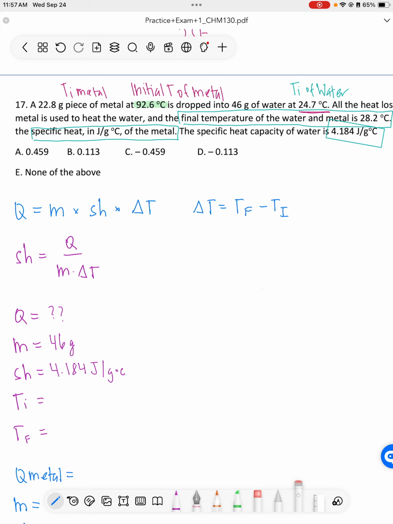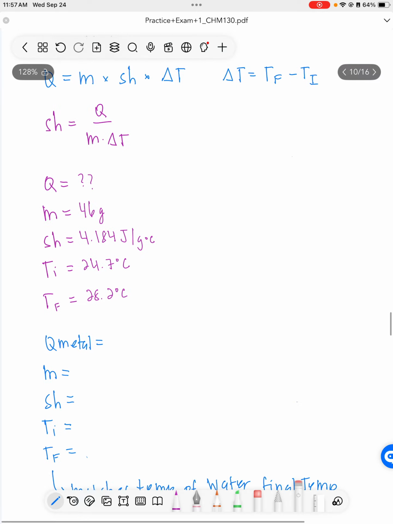So our initial temperature for the water, our TI, is 24.7 degrees Celsius. And our final, which is also the same for the metal, is 28.2 degrees Celsius. Okay, so we don't know something about water. We don't know how much energy or heat. We don't know Q yet, but that's okay. We're going to get there.